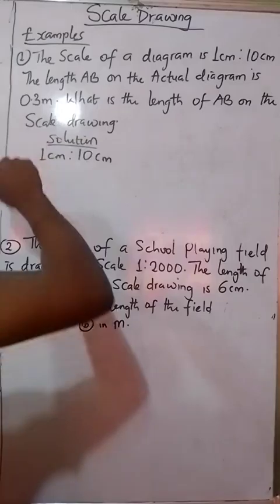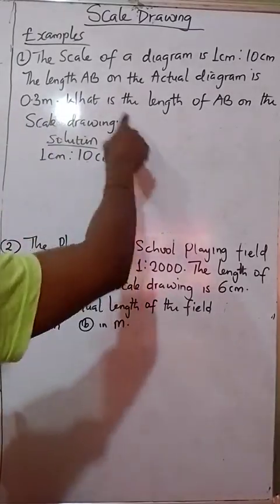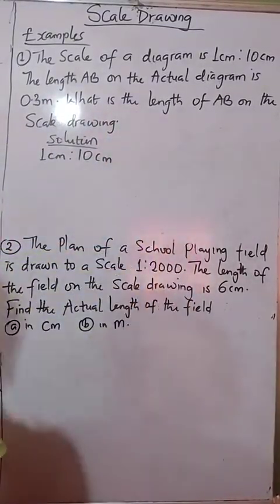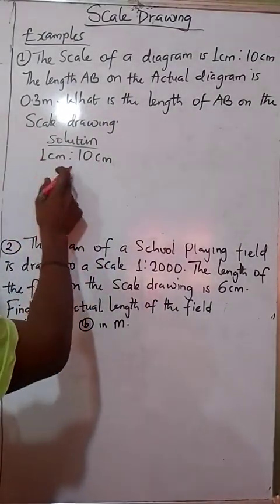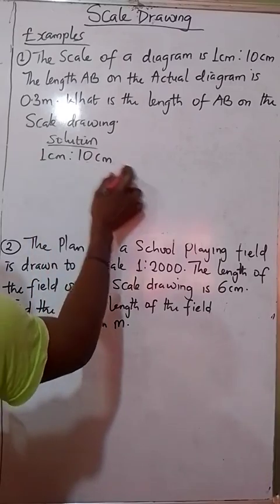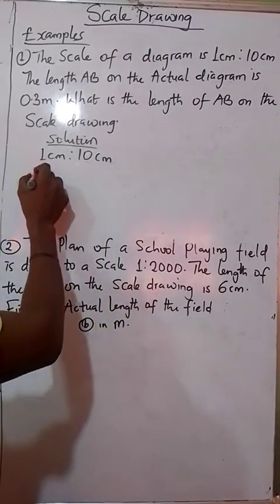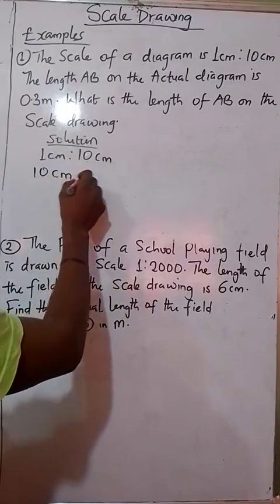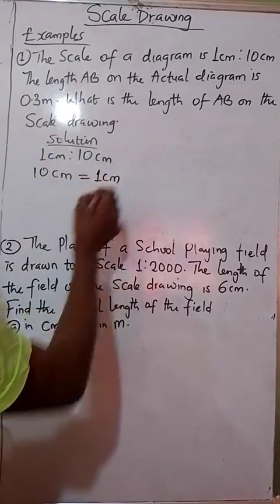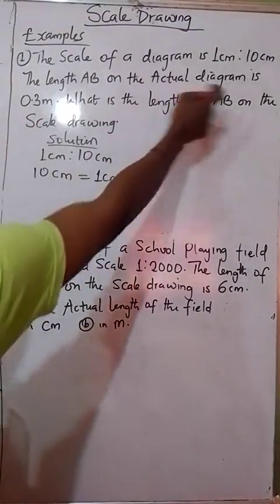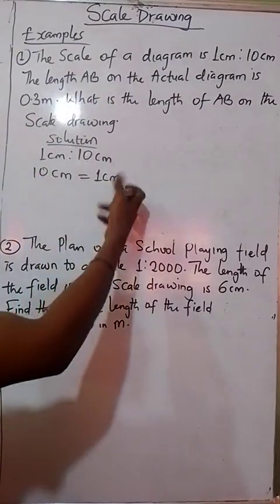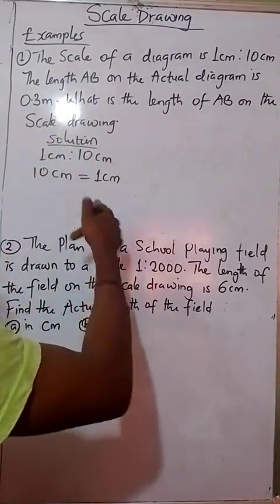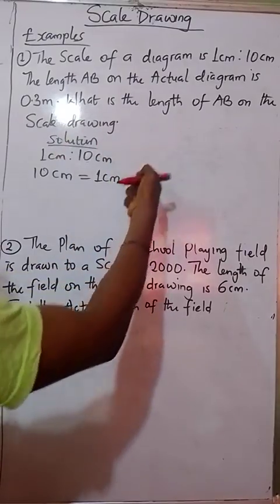So they ask you to find the length. You can represent it as 1 centimeter to 10 centimeter, meaning that 10 centimeter equals 1 centimeter. Remember, this 10 centimeter is representing the actual, and this 1 centimeter is representing the scale drawing.